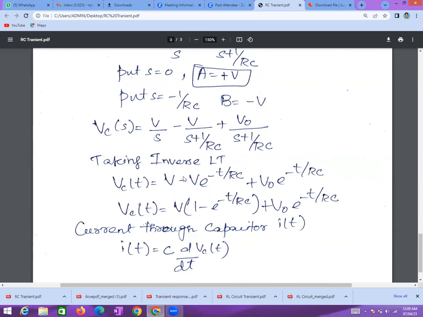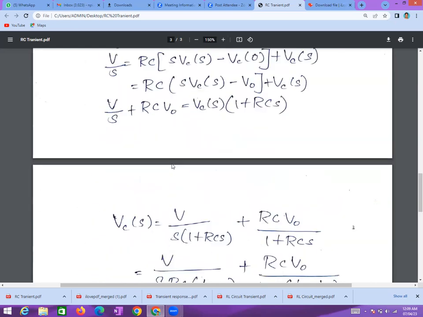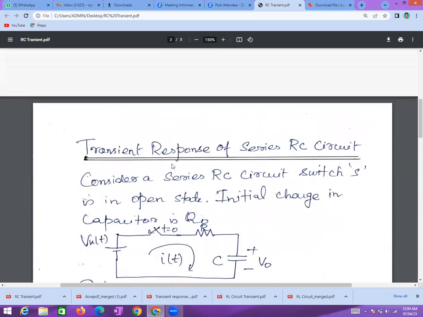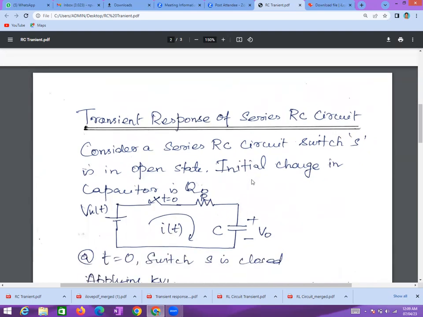What are the prerequisites for the transient response of the RC circuit? First we should know the fundamentals of the Laplace transform, be familiar with the Laplace transform and KVL, then the remaining things are very easy. The transient response of a series RC circuit is very important.